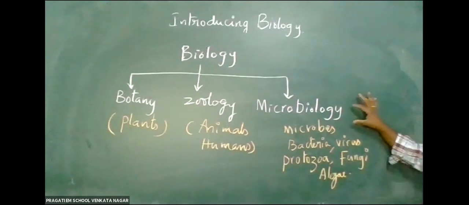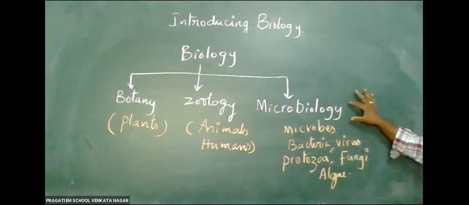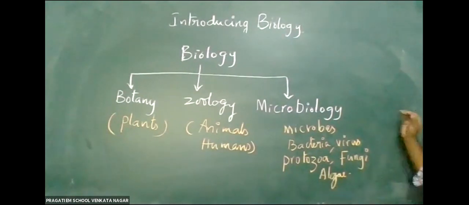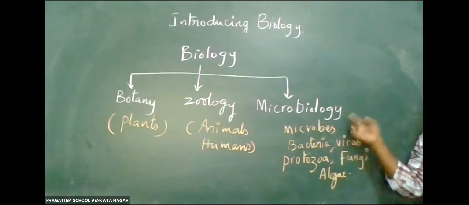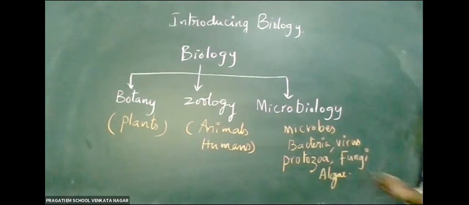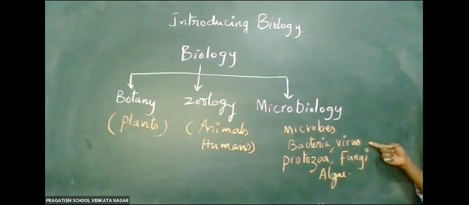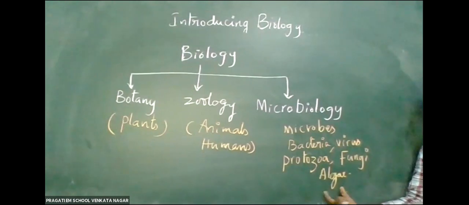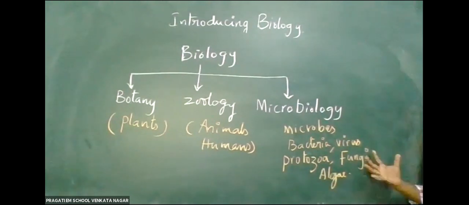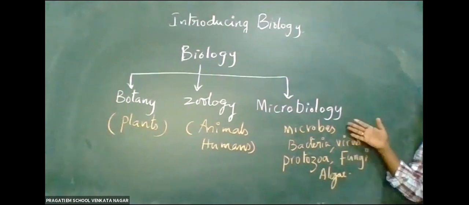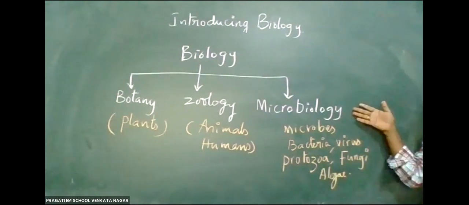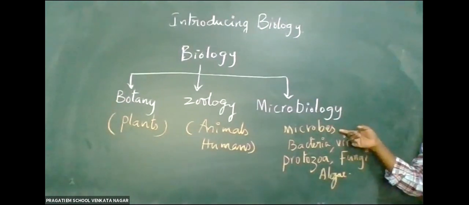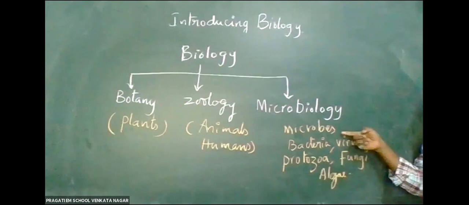So microbiology is one of the important divisions of biology, which explains about microorganisms like bacteria, virus, protozoa, fungi, and algae. These are the major categories of microbes. Microbiology studies microbes and gives full information about them.